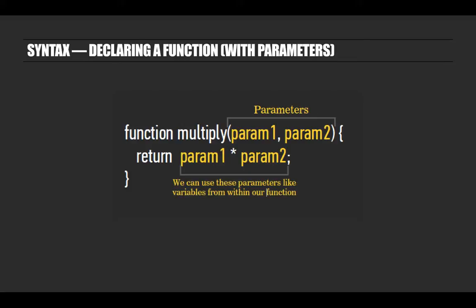So say we have a function that is going to find the area of a rectangle. Outside my code, I have a variable width equals 10, and then I have a variable height is equal to 5.